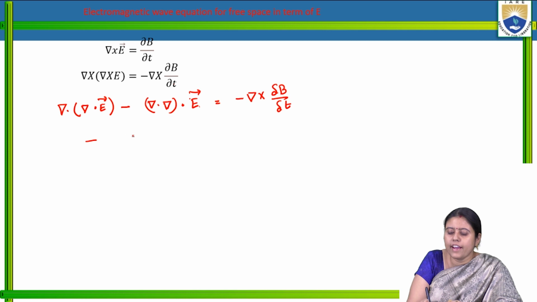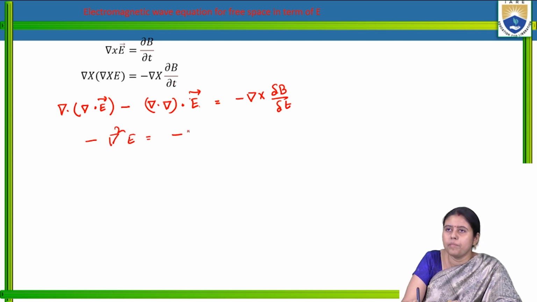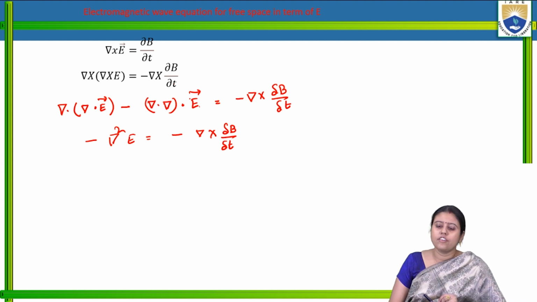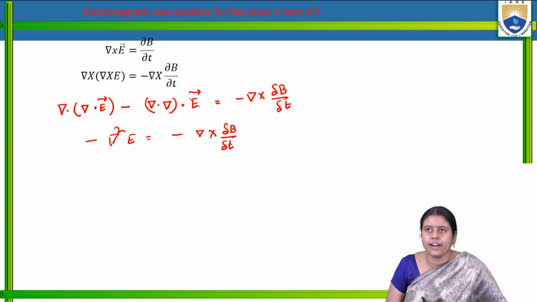So we are getting minus grad square E is equal to minus grad cross del B by del T.